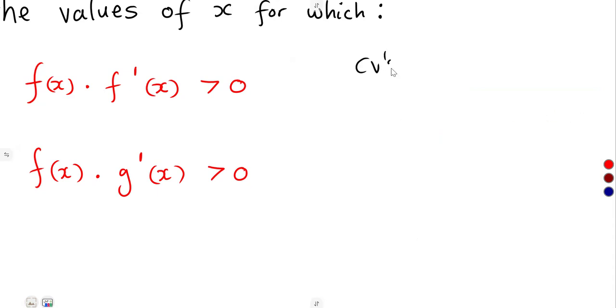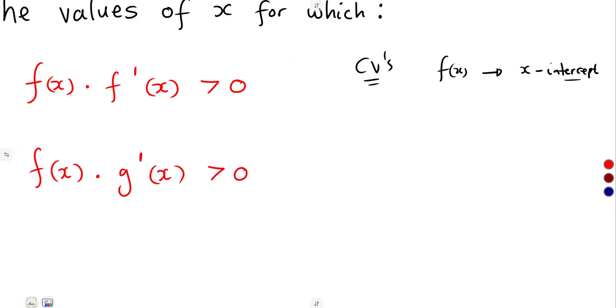So we are going to have critical values for the original function that you are given. For the original function, your f of x, it can be g of x, it can be h of x, whatever you're given as your original function, whenever you are to consider the critical values, it is the x-intercepts, the intercept with the x-axis. When we have a hyperbola in that case, we consider the asymptotes.